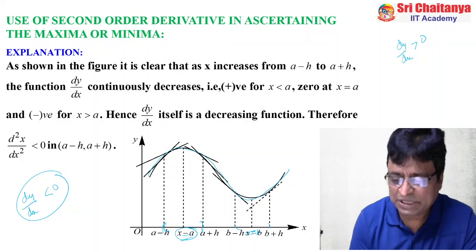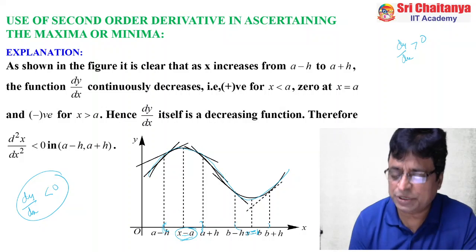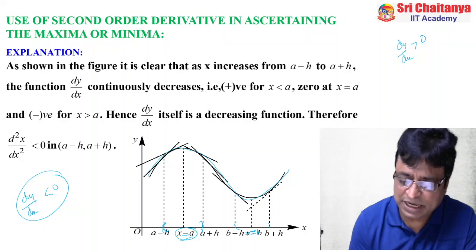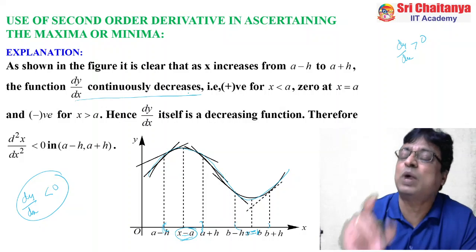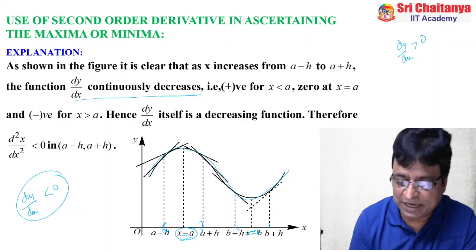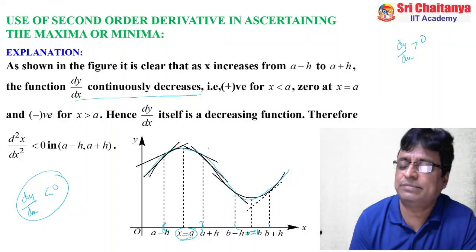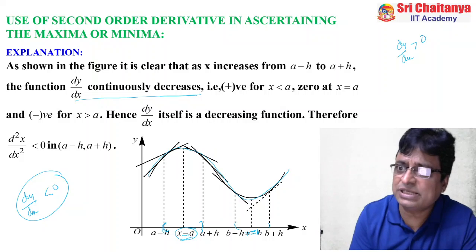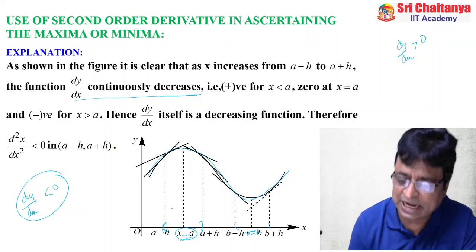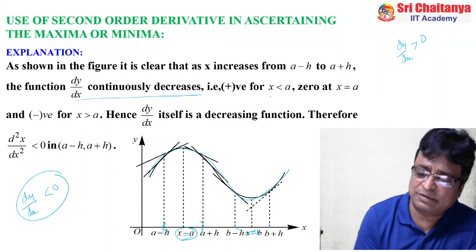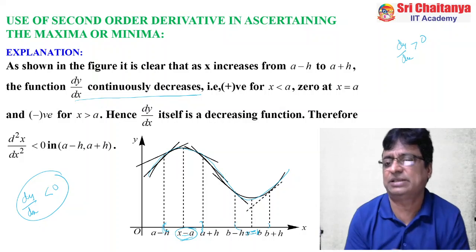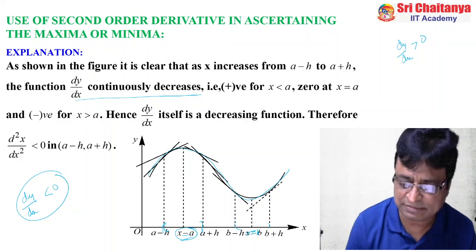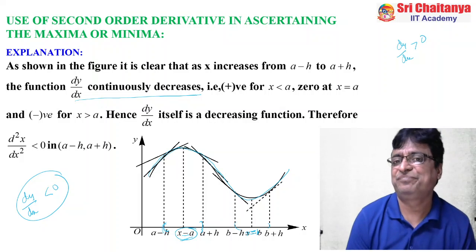See here what happens. In a minus h to a plus h, dy by dx, what is it? If dy by dx continuously decreases, what does it mean? For x less than a, dy by dx is positive, and for x greater than a, it is negative.